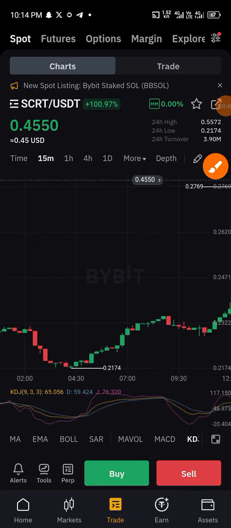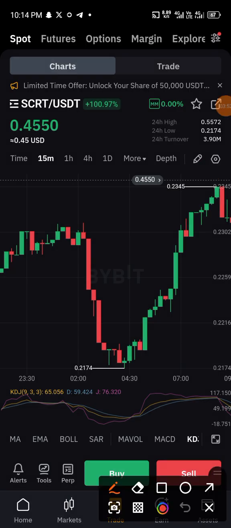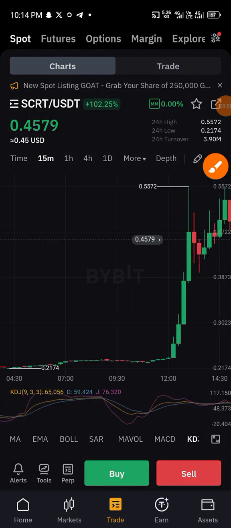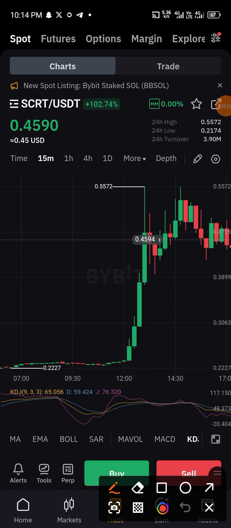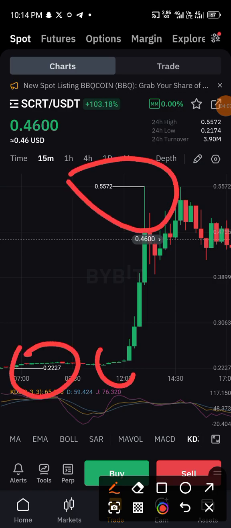And from here, it took off from this 0.2 and returned back to 0.3 again, which was an irrational move. And from there again, it dropped to 0.2 here, and it took a high to 0.5. That was a very huge move.